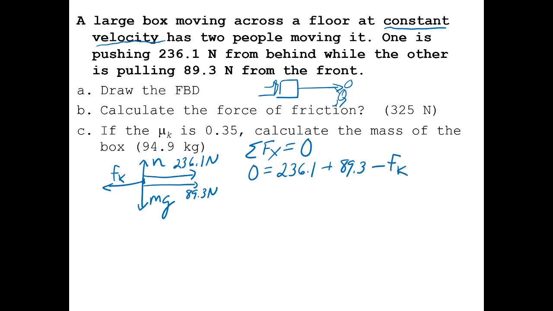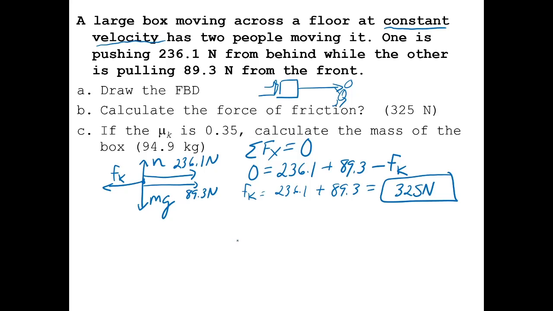Friction resists. So since this is all equal to 0, we can just bring the friction over and add those two numbers together. And we get a force of friction is 325 newtons. So that's not too bad.